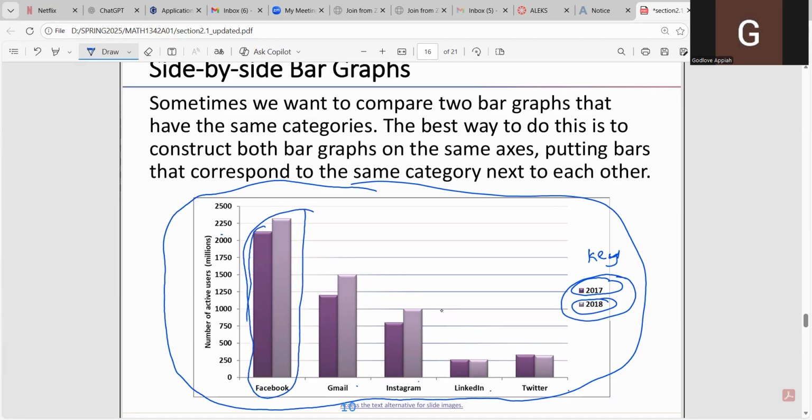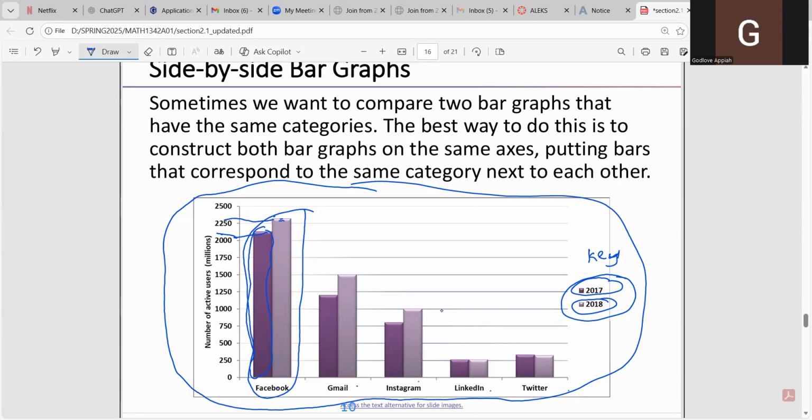This means it represents the number of users for Facebook in 2017. In 2017, Facebook had approximately 2,100 users. The gray rectangle represents the number of users for Facebook in 2018. In 2018, the number of users increased from about 2,100 to approximately 2,300.